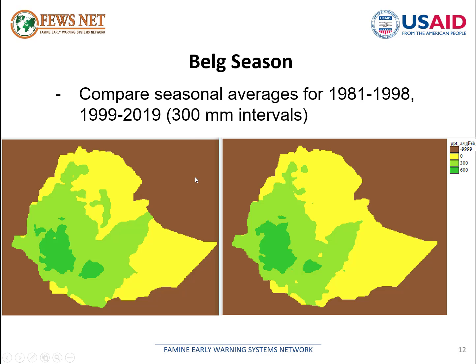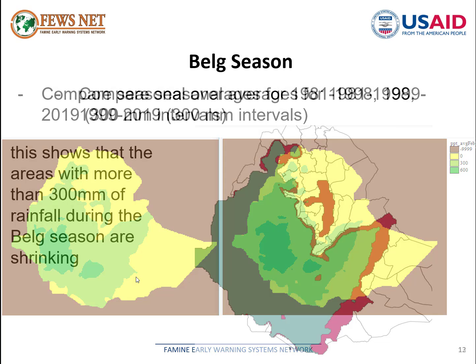Here we are seeing it at the 300 millimeter intervals, where we see the 300s is shrinking a lot. This area right here is disappearing or completely disappeared. So this is a way to show the change.